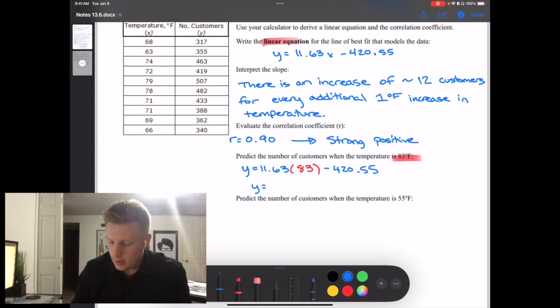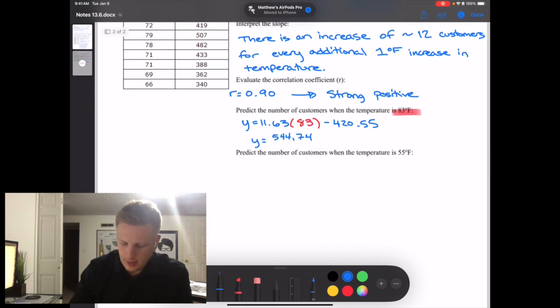Then jumping over to our calculator, 11.63 times 83 minus 420.55, and it looks like we get 544.74. There we go.